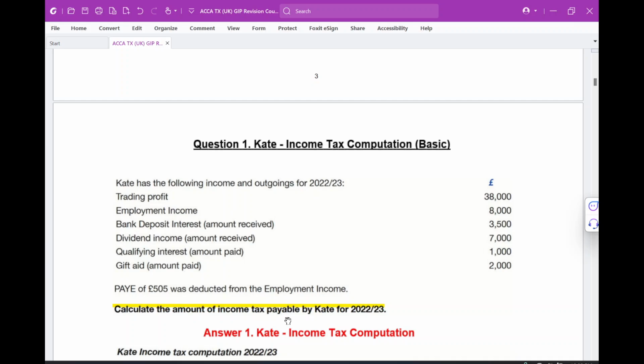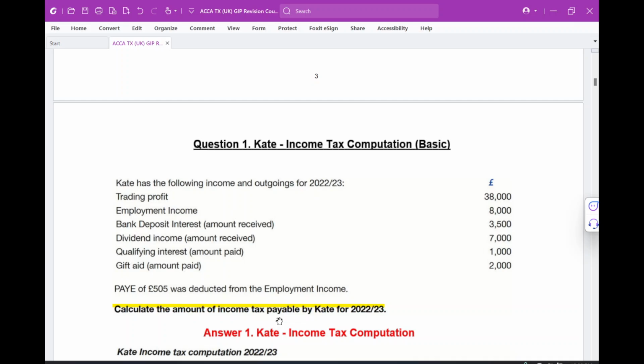Now, you may be up to speed so much that you've probably heard this before and think that's very basic. Well, I can tell you from marking mock exams, a reasonably high proportion of students tend to make an error here. In other words, rather than providing the income tax payable, they provide the income tax liability.